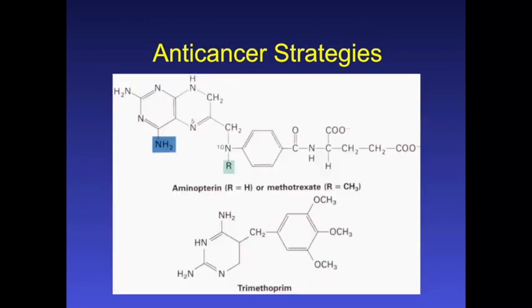Based upon your knowledge of the structure of tetrahydrofolate and these drugs, what kind of inhibitor do you think these are? They are competitive. They actually have very similar shapes to the normal substrate, so it's just going to get in and bind in the active site and slow down that enzyme.